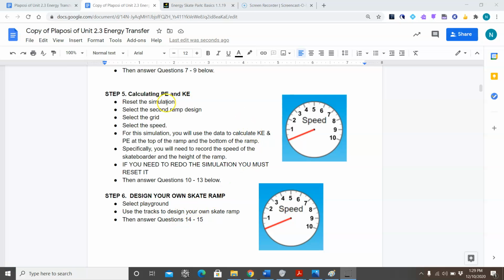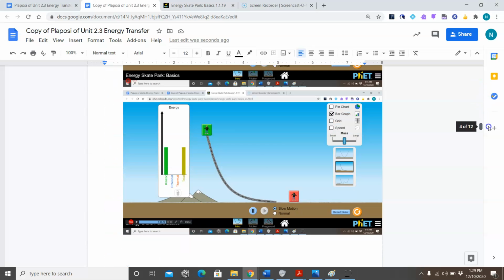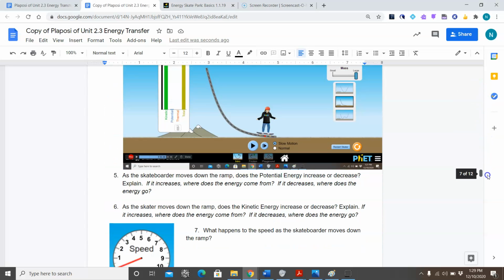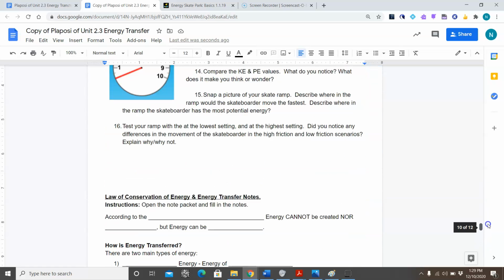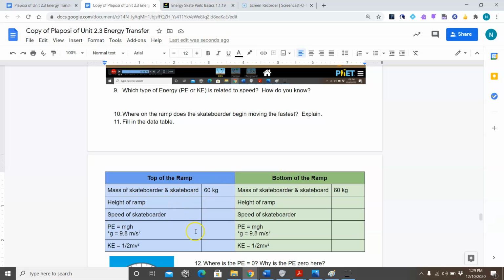In this last part of the lab, we are going to calculate the potential and kinetic energy of our skateboarder. We will do this by filling out this table. We will fill in the height of the ramp at the top and the bottom.